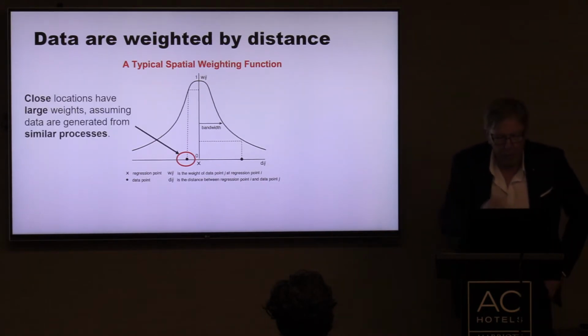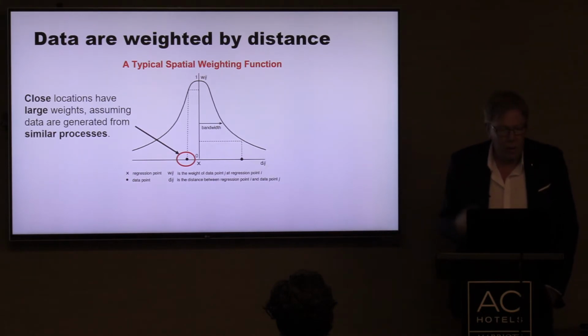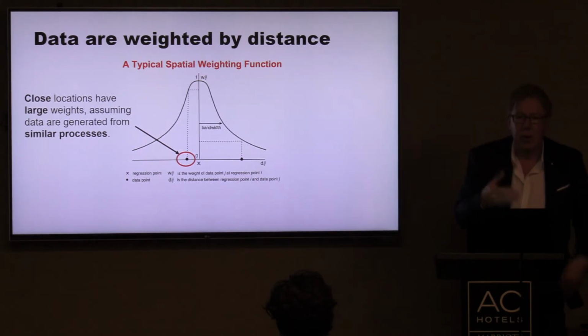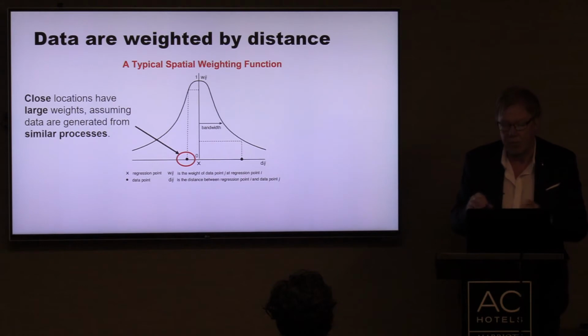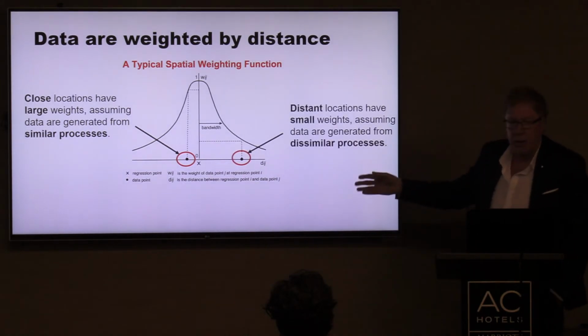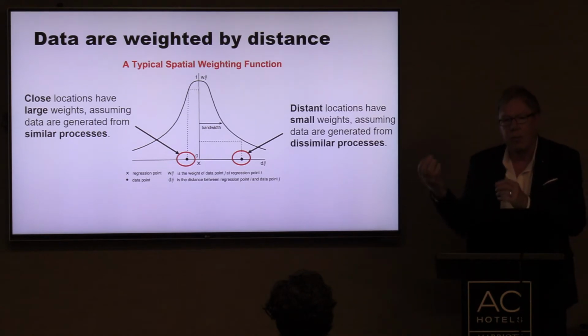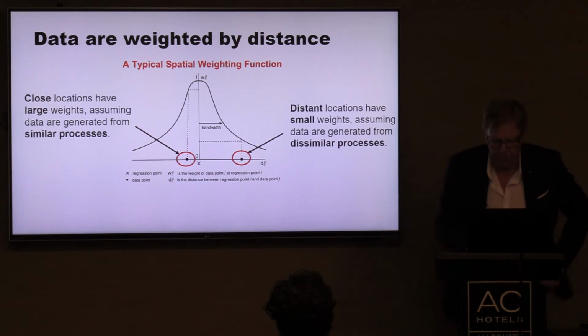On the basis of close locations, which will have larger weights, closer to 1, the processes that we are trying to measure at that location are more likely to be similar from data which are nearby to that location. Distant locations, on the other hand, will be given a low weight because there the processes will be more dissimilar to the ones we are trying to estimate at the regression point.